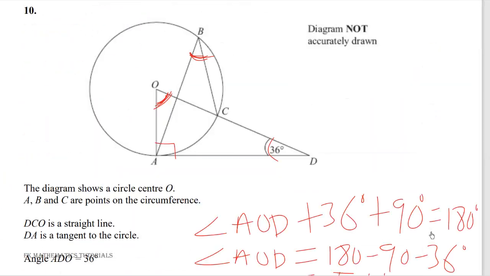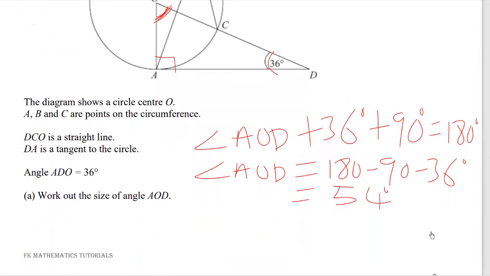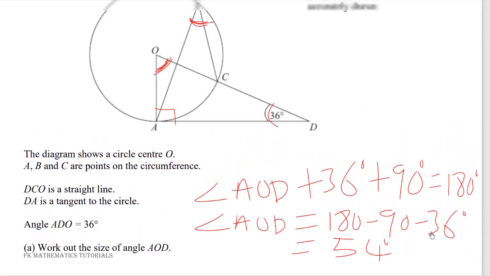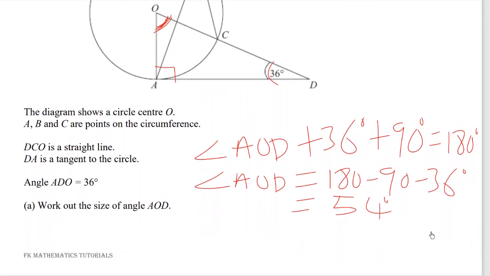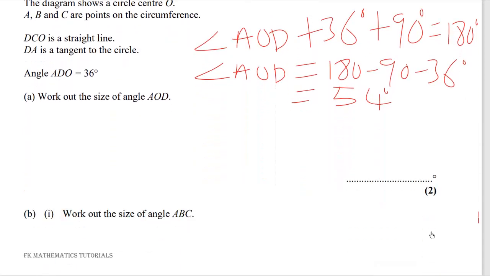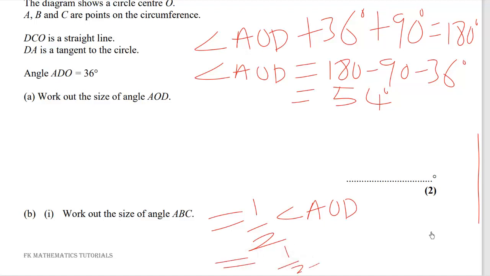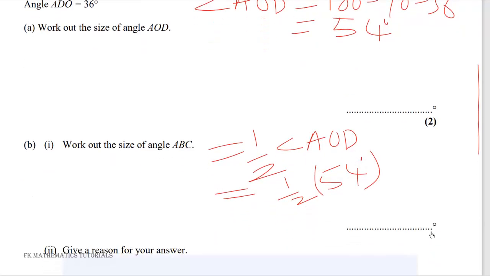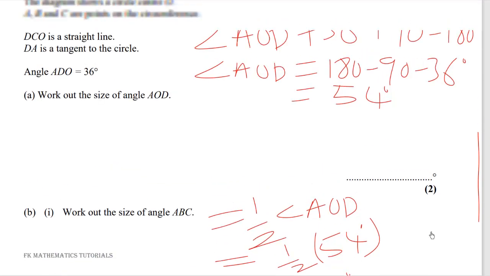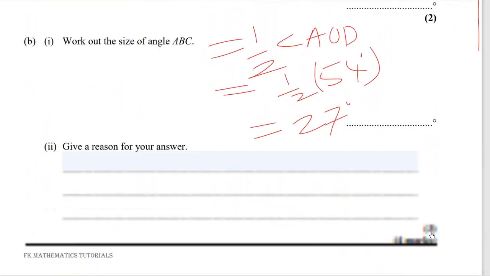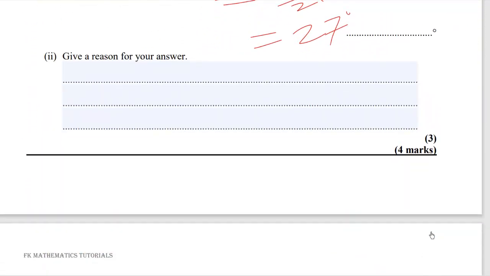So angle ABC is half of angle AOD, which is half of 54 degrees, and that will be equal to 27 degrees. So you can give the reasons. Angle at the center is twice the one at the circumference, or angle at the circumference is half the one at the center.